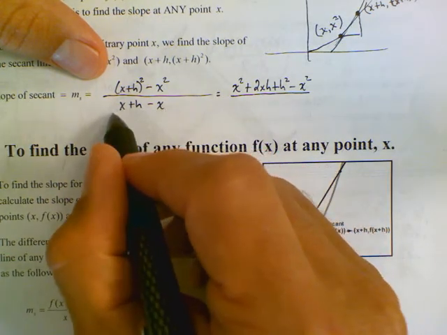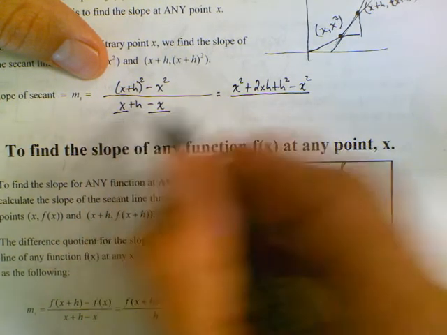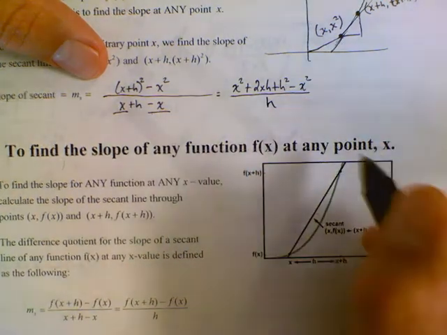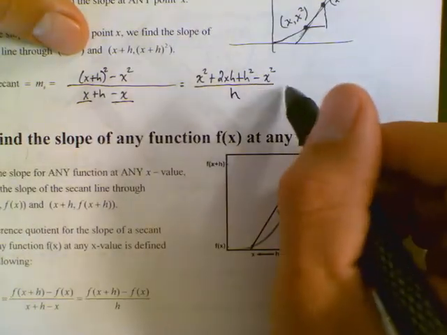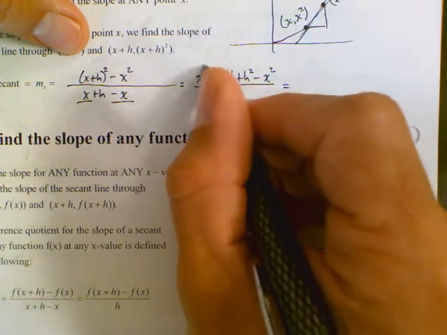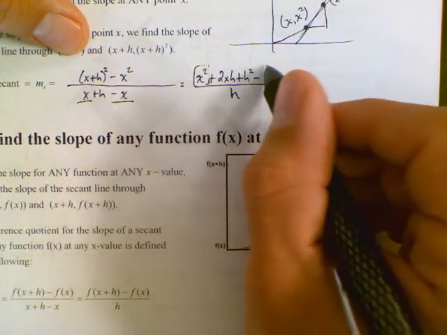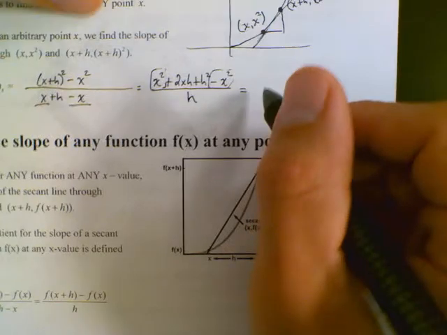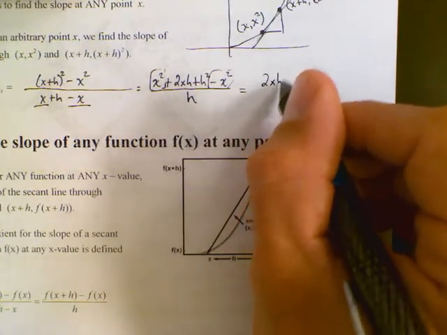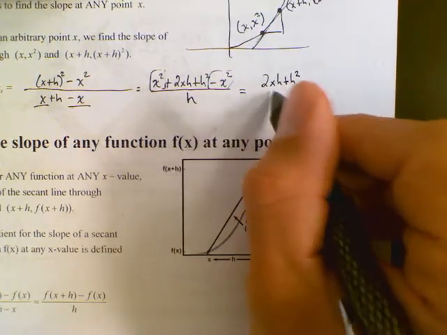The linear terms x and x will cancel, leaving h in the denominator, and the x squared terms cancel on top, so I have 2xh plus h squared all over h.